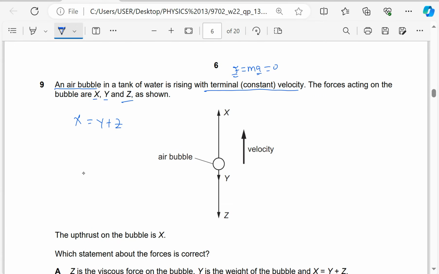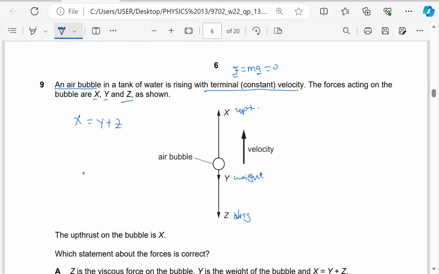And if the weight is extremely small, it means the upthrust and the viscous drag are bigger. So if X is automatically the upthrust, then downwards, Z must be the viscous drag, and Y must be the weight. Because for an air bubble, we expect the weight to be extremely small.